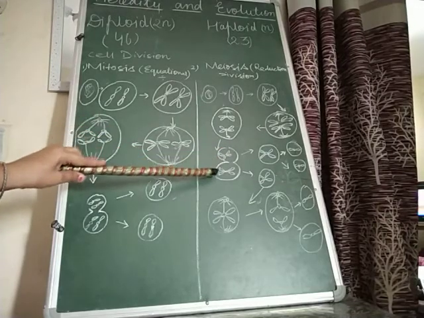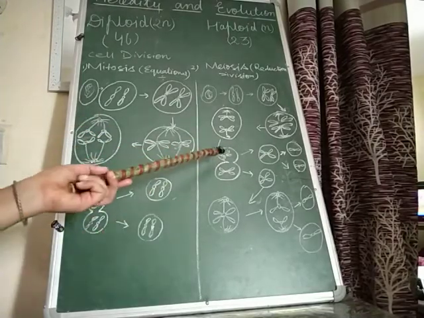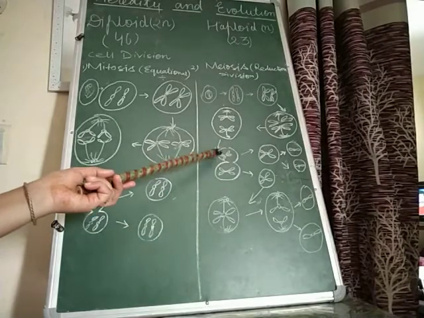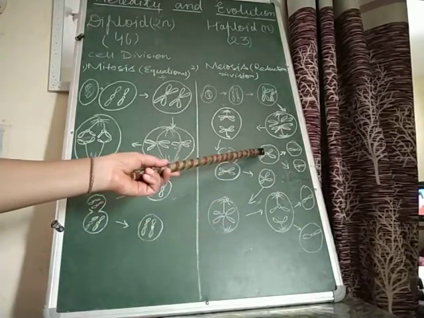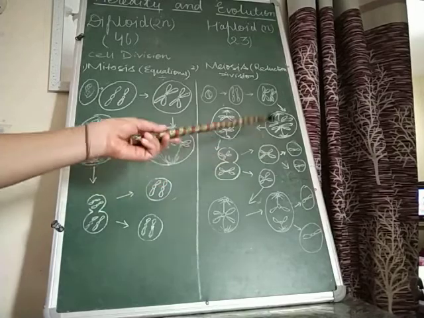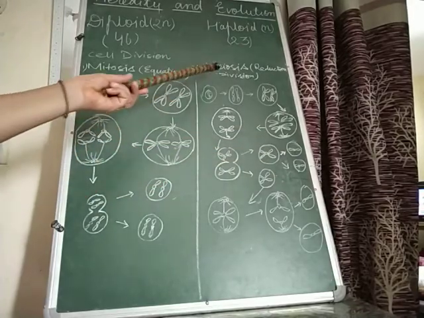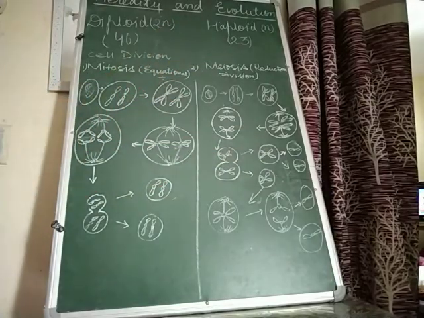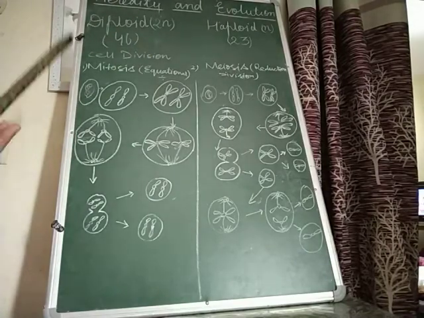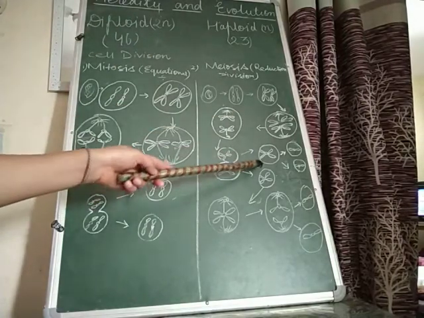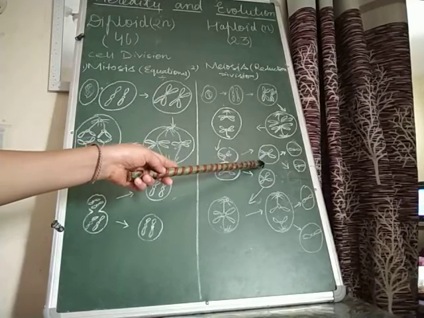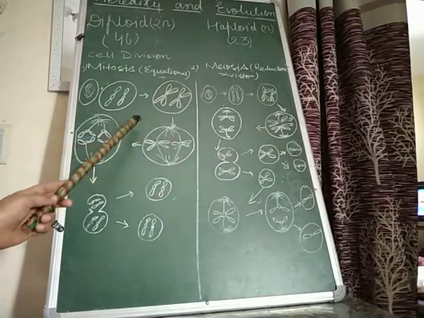Now each cell is having 1 chromosome but with sister chromatids. Now in meiosis there are 2 divisions, meiosis 1 and meiosis 2. So meiosis 1 is complete over here. Now meiosis 2 is just like mitosis.